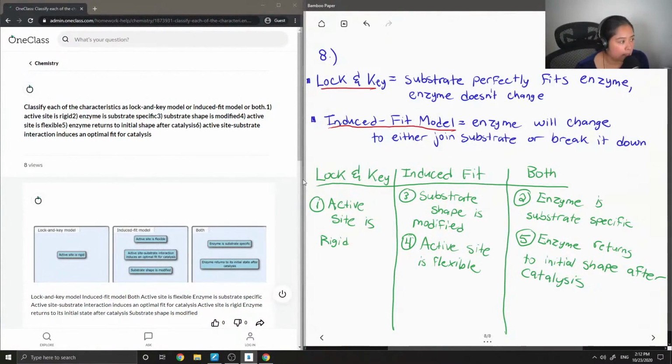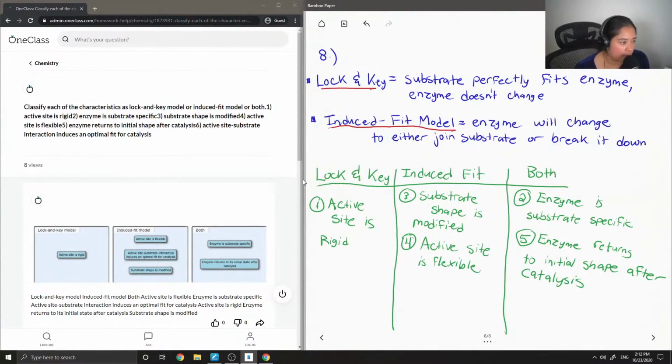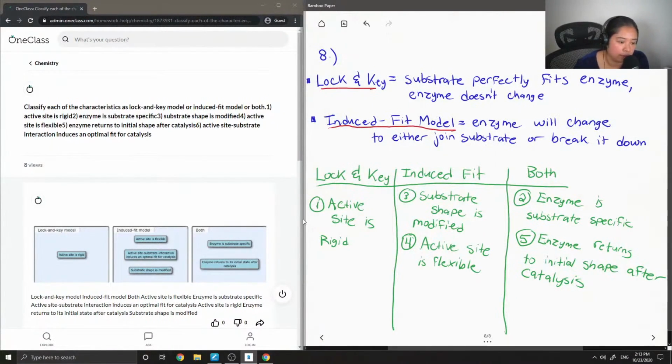And then lastly, 6, active site substrate interaction induces an optimal fit for catalysis. So this is an example of the induced fit model.